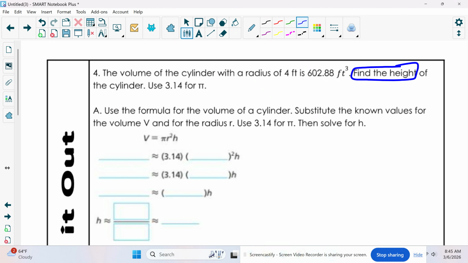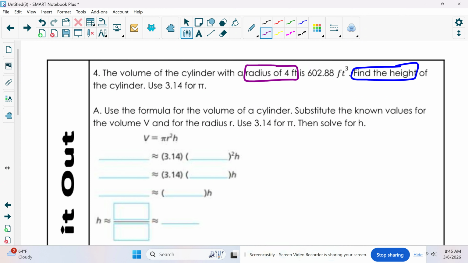Okay, so then we go back and go, okay, what key information do I have here? All right, the radius is 4 feet. What else do we have? We have another number here. What does this number represent? It's the volume because it says the volume of this cylinder is this.